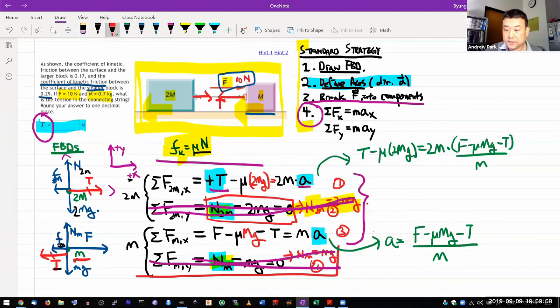You see that this m cancels out that m. I'm just simplifying as I go.